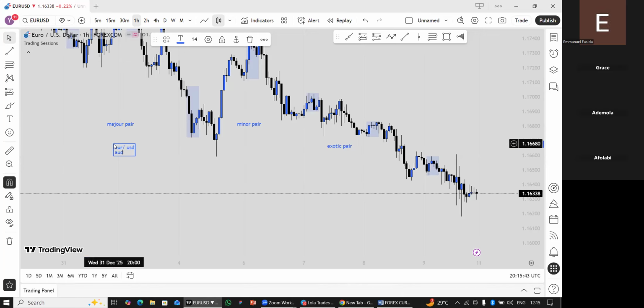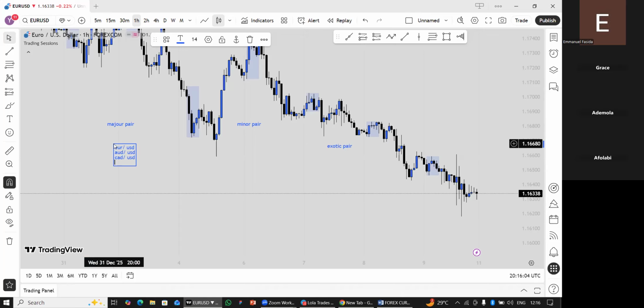AUD, thank you very much. AUD, this is the Australian dollar crossing with the US dollar. Any other person? We also have the Canadian dollar. CAD, Canadian dollar, yes, thank you very much. CAD crossing with the US dollars. So these are examples of major pairs.